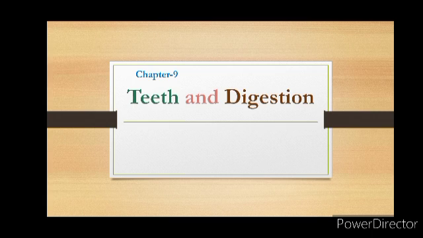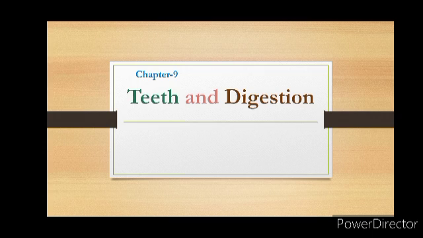Okay, students, we are in the chapter teeth and digestion. In the previous class, we learnt about different kinds of teeth, like baby teeth or milk teeth and permanent teeth, about incisors, canines, premolars, molars, and the structure of teeth.